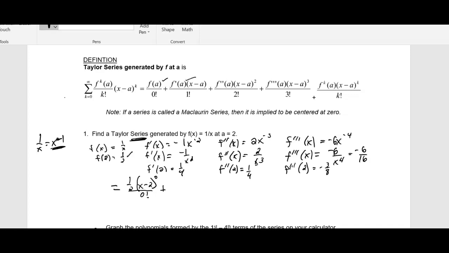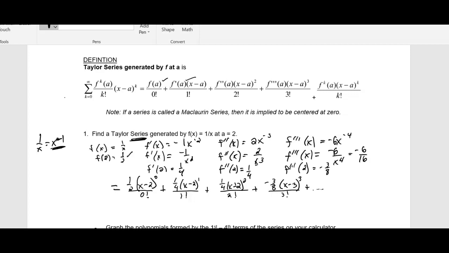Then we want our first derivative value, so that's 1/4 x minus 2 to the first power over 1 factorial. Second derivative value is 1/4 x minus 2 to the second power over your second factorial. We have 3, we'll go to there. 3/8 x minus 2 to the third power over our third factorial.